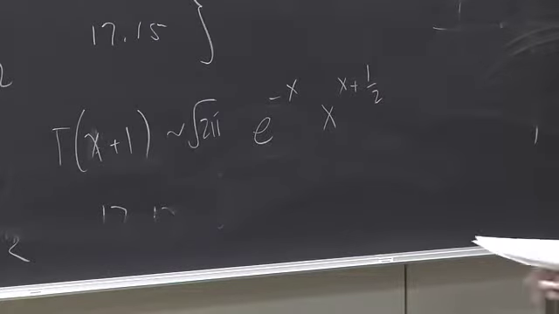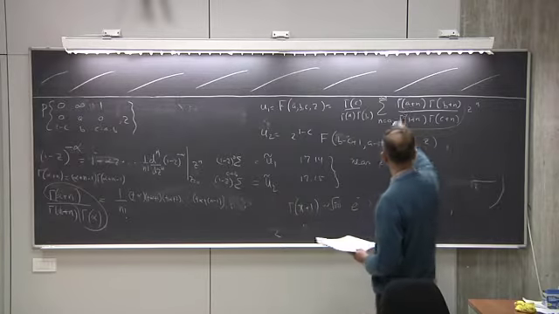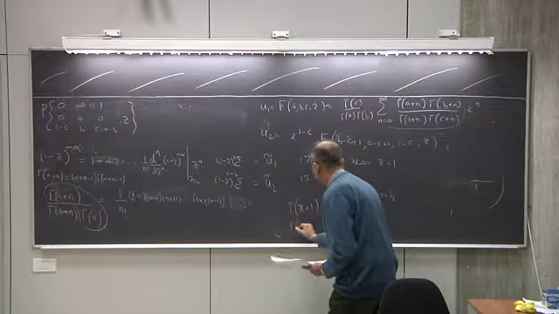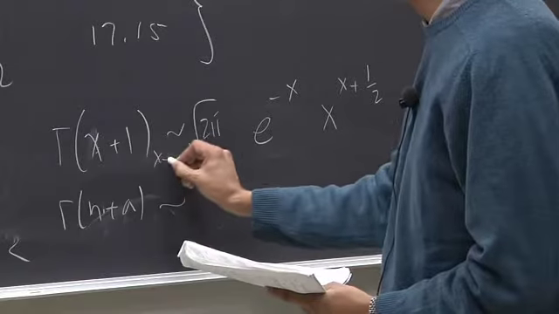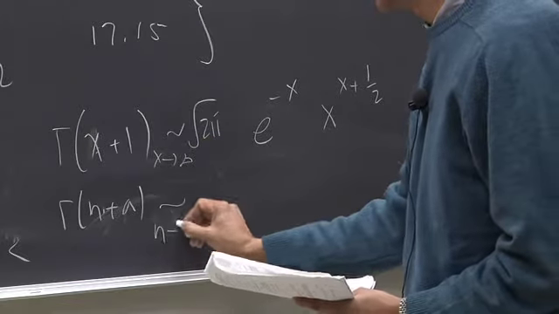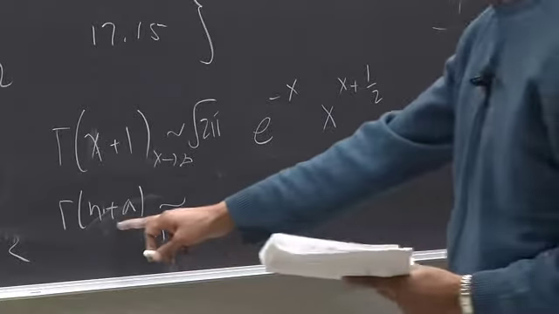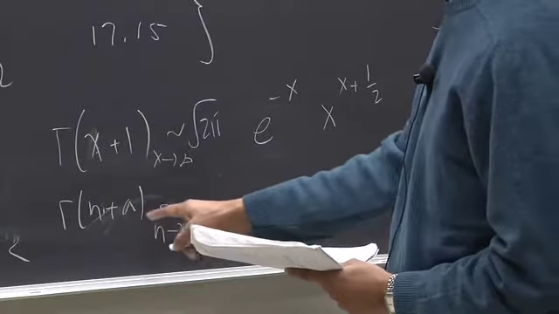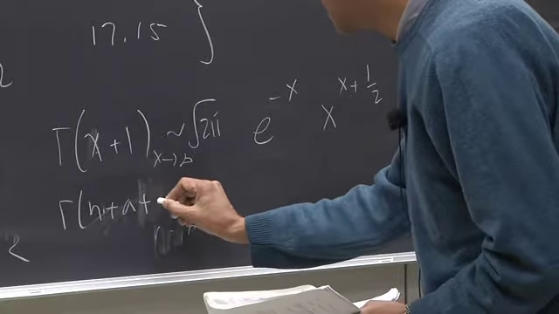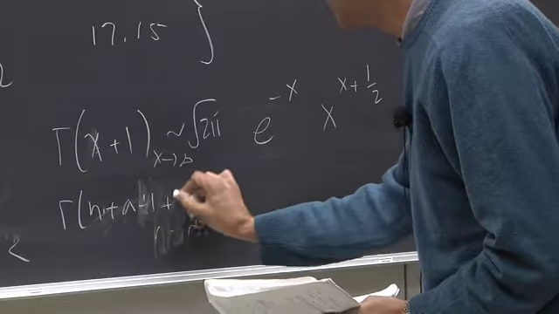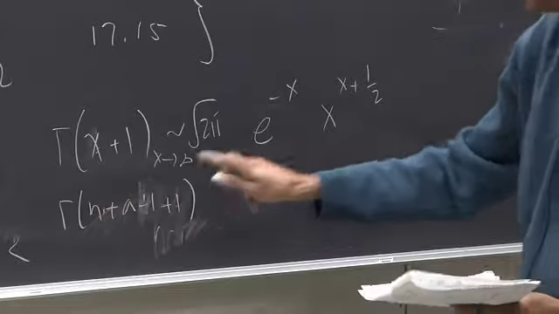Okay. So suppose I want to compute something like gamma of n plus a in the large n behavior. So here x goes to infinity, so I want to look at the n going to infinity limit. Well, after all, you can just add and subtract, minus 1 and plus 1, and take this to be x and substitute that there.